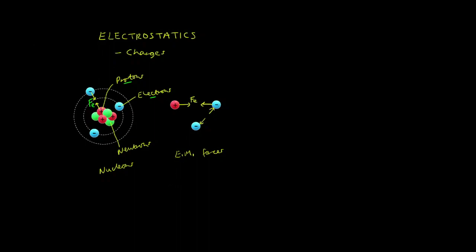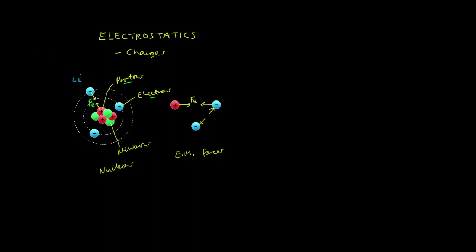And basically, bulk matter is not charged. So if we look at this lithium atom, it has 3 protons which are positively charged and 3 electrons which are negatively charged. So basically the net charge on this atom is 0.